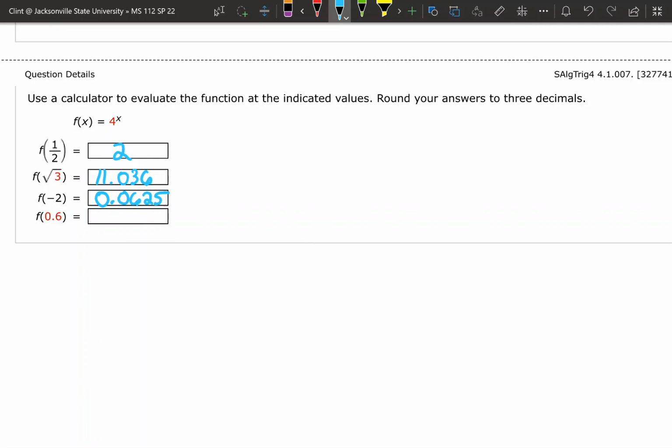And then 4 to the 0.6, I have no idea what that is. Let's see, 2.297, something like that. So just punching those into the calculator.